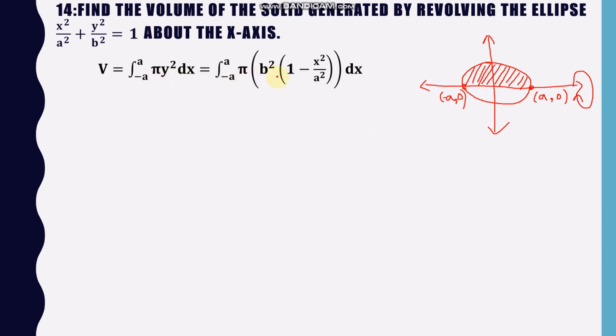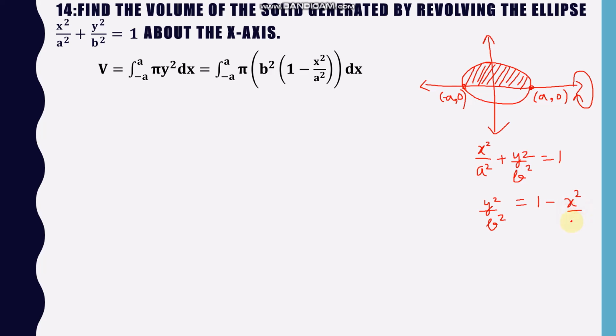Here we have to find the value of y square according to the given equation. The given equation is x square upon a square plus y square upon b square equal to 1. So you can calculate y square from here. y square upon b square will be equal to 1 minus x square upon a square.